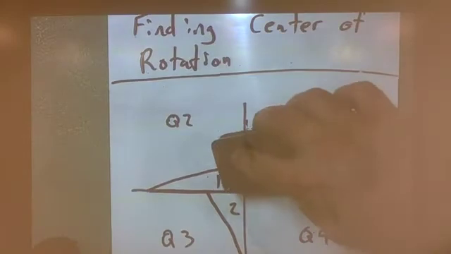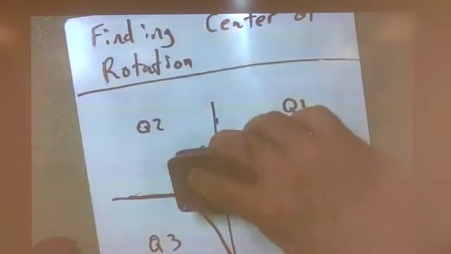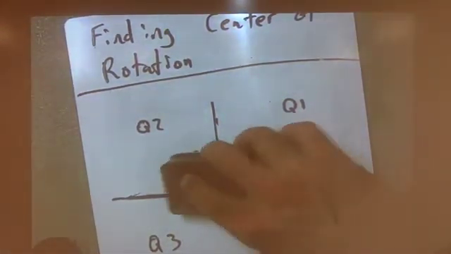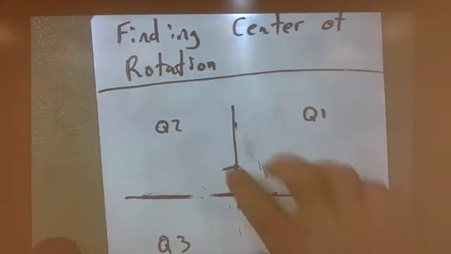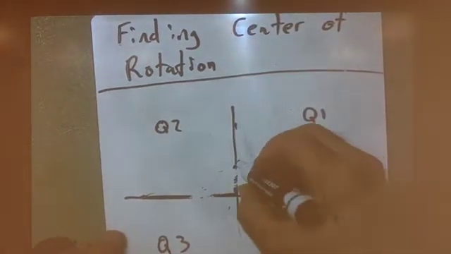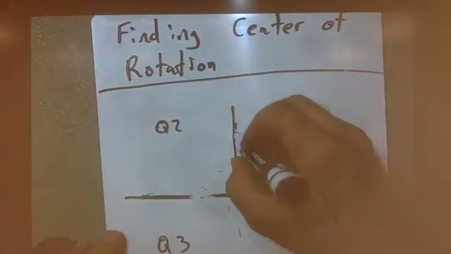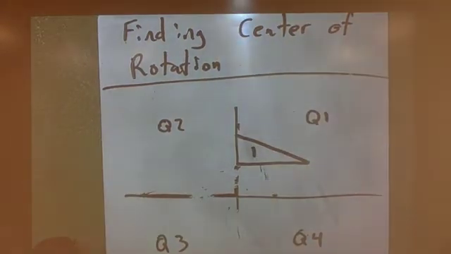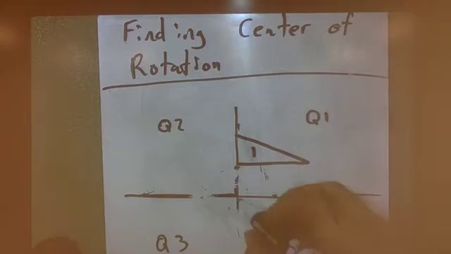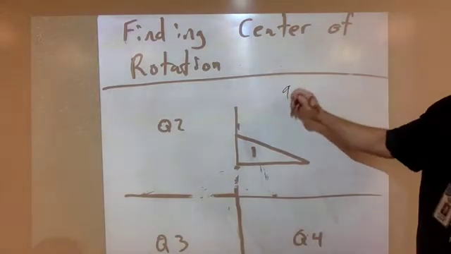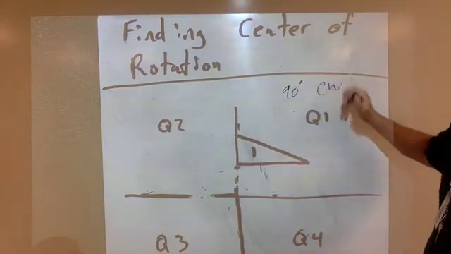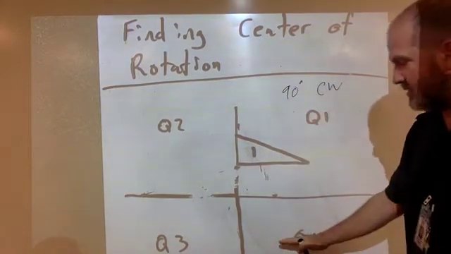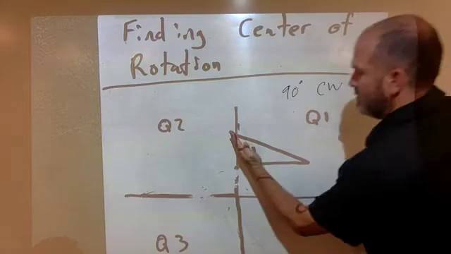So for example, let's say our triangle is right here to start. Triangle 1 is right there. Now, if triangle 2 is the result of a 90 degrees clockwise spin, then it's going to be down here somewhere in quadrant 4, right?